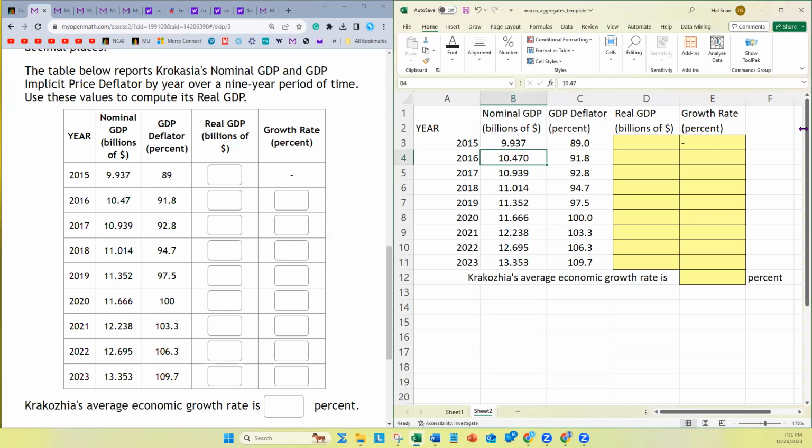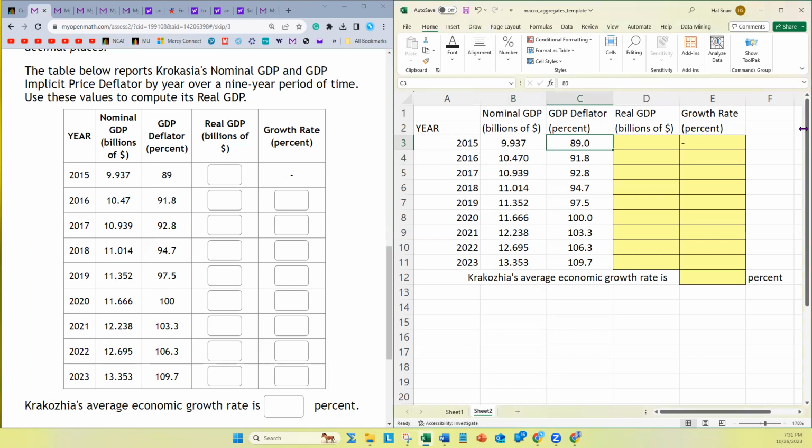It also could be due to the fact that firms are producing more, right? So if firms are producing more and prices are rising, nominal GDP will go up. So what we have to do is figure out how to strip out inflation from nominal GDP. And when we strip out the inflation from nominal GDP, we get something called real GDP, right?